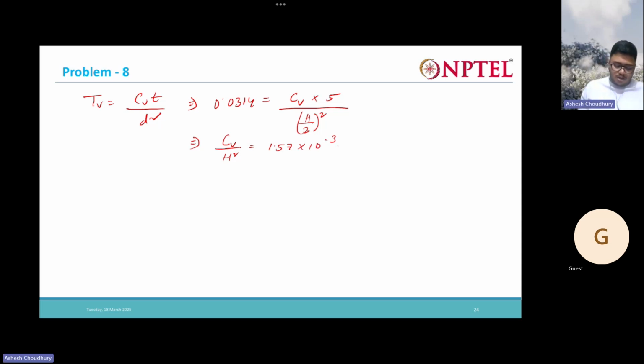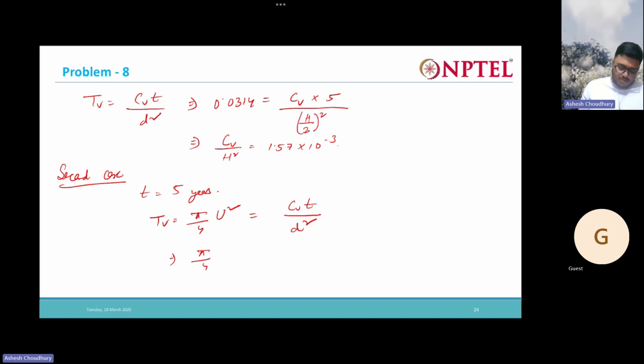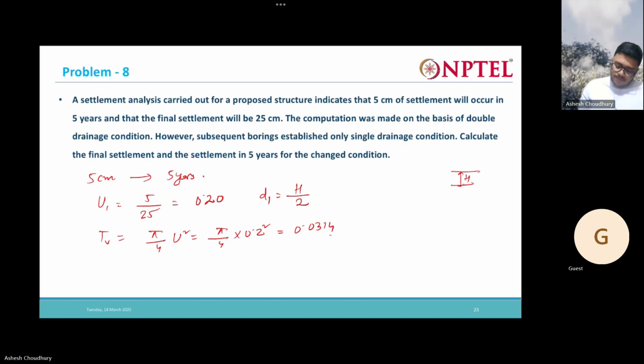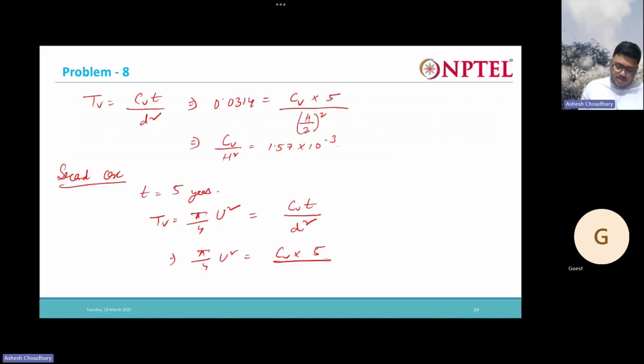Okay, this I got. Now for the second case, t is again 5 years. TV is pi by 4 U square, also equal to CV t by d square. Now the case is what? Single drainage, so directly I will have the thickness. It is H square.